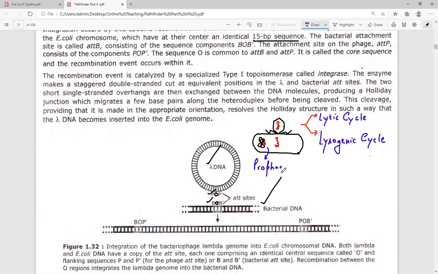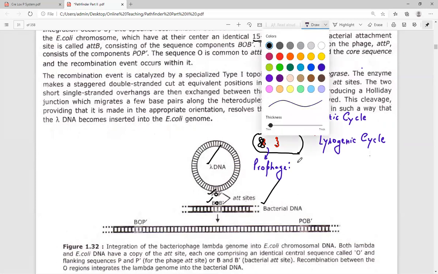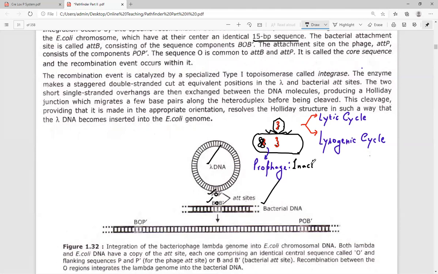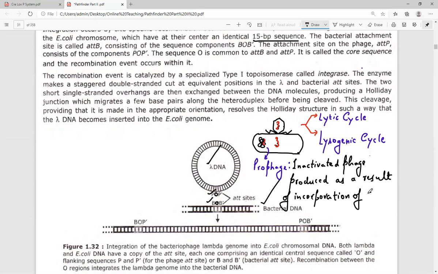Prophage, as you know, refers to an inactivated phage, produced as a result of incorporation of phage DNA into the bacterial chromosome.